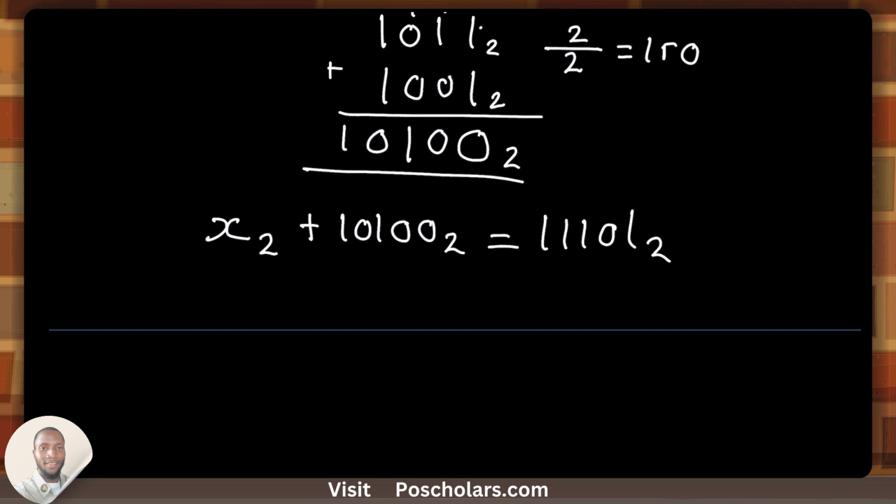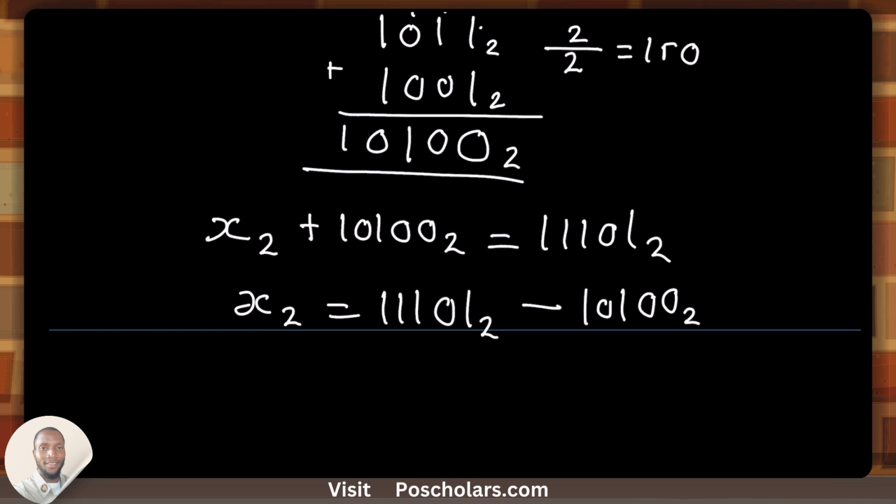So we are left with x base 2 equal, this particular term now is gone, equal 11101, which is the right hand side base 2, minus this particular term, which is 10100 base 2.